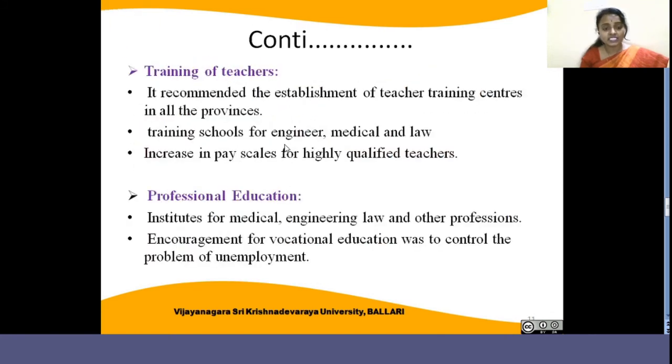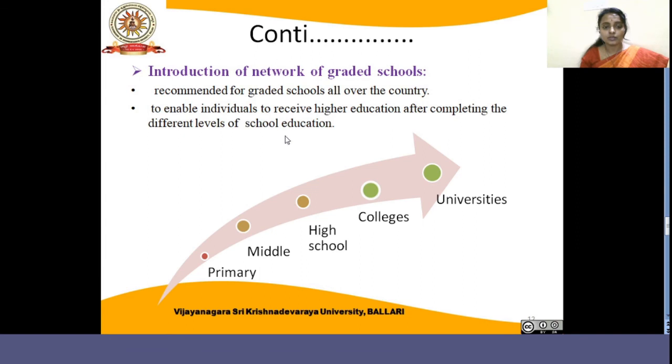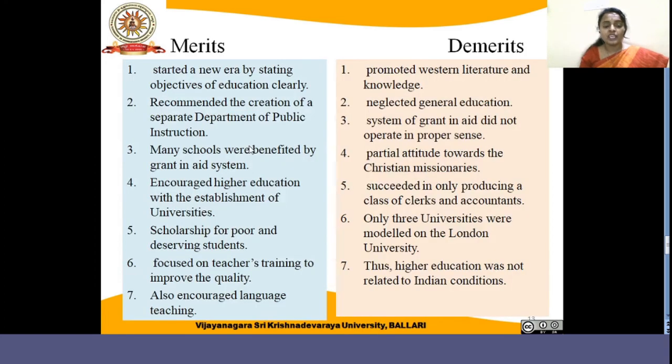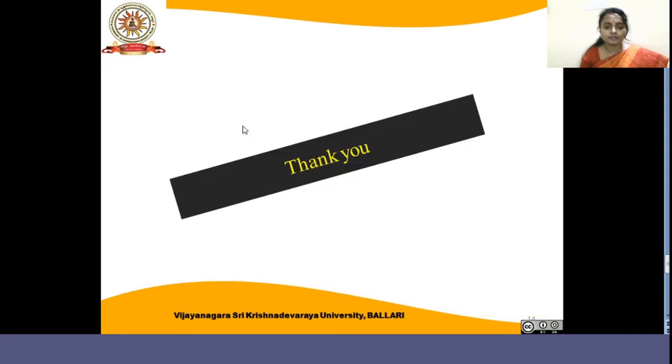Teacher training centers in all the provinces and training schools for engineering, medical, and law were recommended by the commission. Professional education has also been recommended. Introduction of a network of graded schools, from primary to the university level, has also been given by this commission. And there are some merits and demerits as well of this committee.